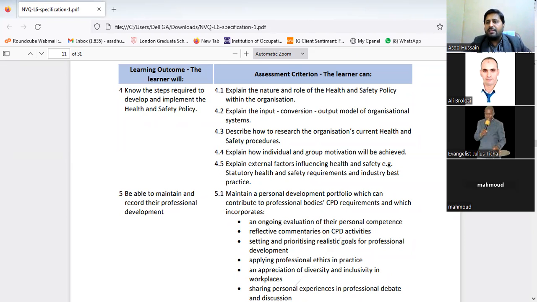Another factor is, say you have a contract in hand and you bid for it, and the client says another organization is working according to this standard.